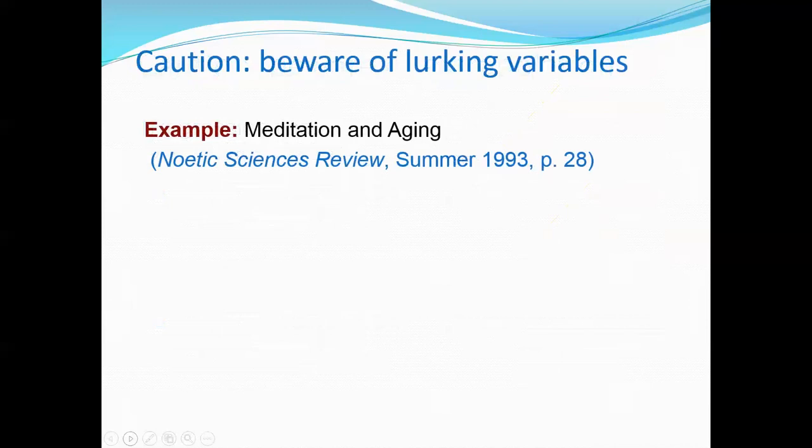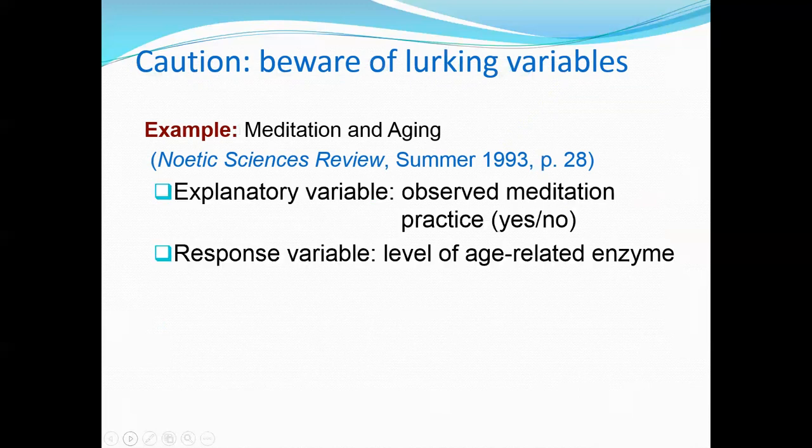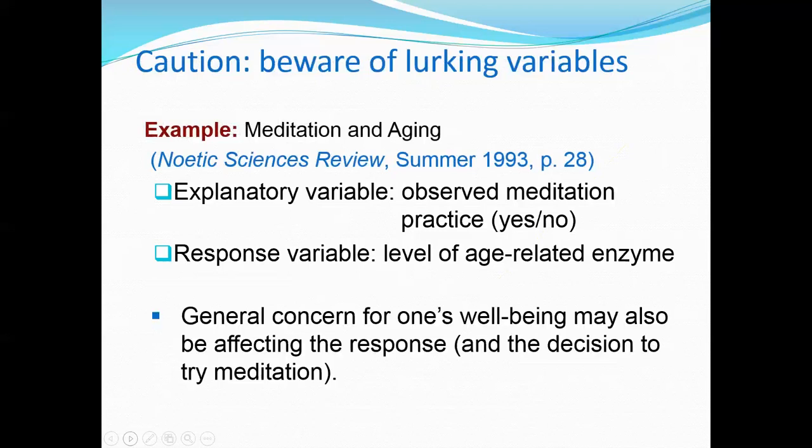So another caution is to beware of lurking variables. Take meditation and aging. The explanatory variable is observed meditation practice, a yes or no question. And the response variable is the level of an age-related enzyme. General concern for one's well-being may also be affecting the response and the decision to try meditation.